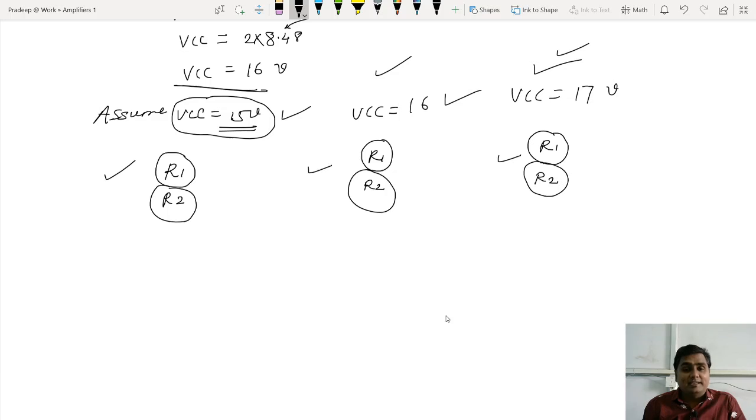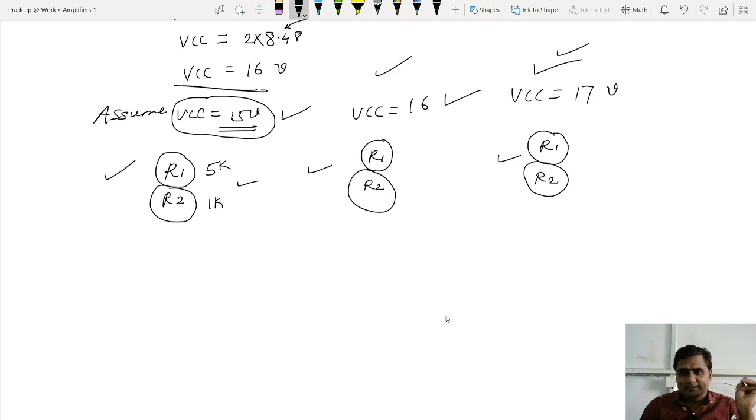For example, if the value of R1 in my case is 1 kilo and R2 is 5k, I'll say it is okay. Alright, wait. The value of R1 has to be large, na? So while assuming something, assume the right data. So the value of R1, if it is 5k and this is 1k, I'll say this is okay.